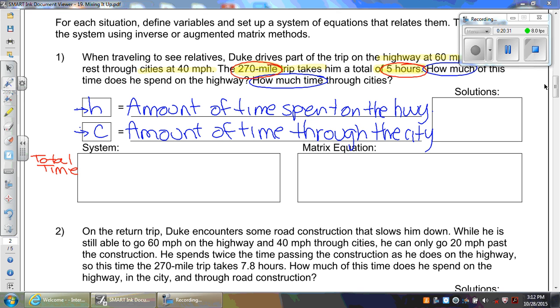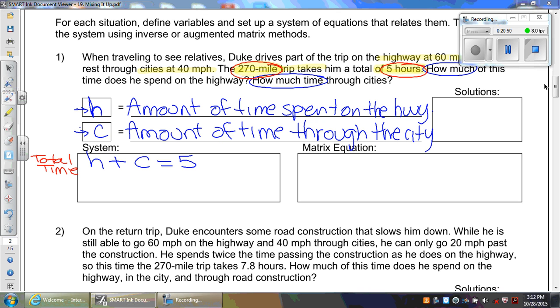Now we know that the total time is 5 hours, and the two intervals in which we're going to divide that will be the amount spent on the highway, which we're calling H, plus the amount driving through the city, and that will be C. That is our first one.